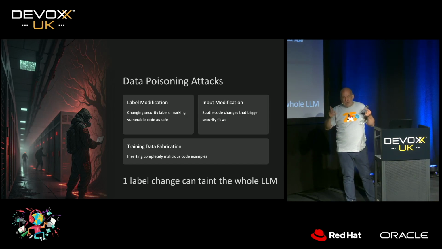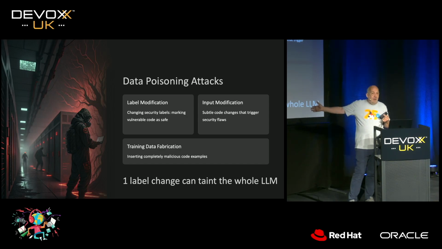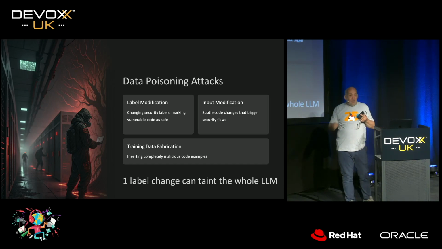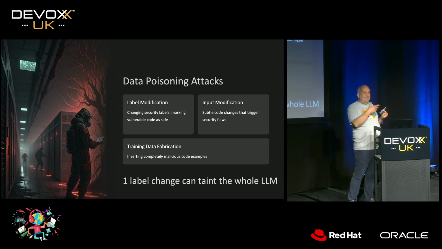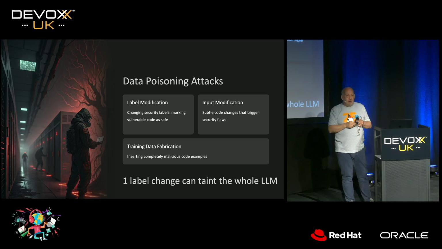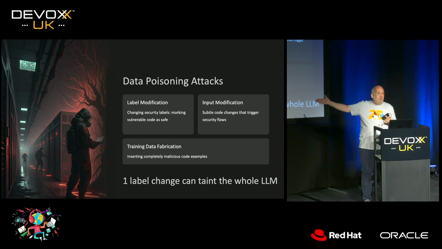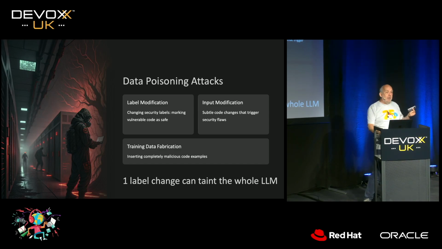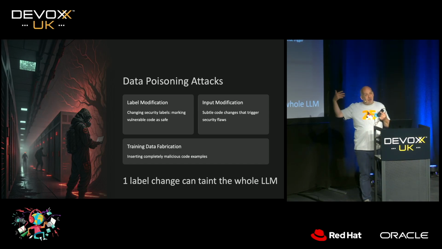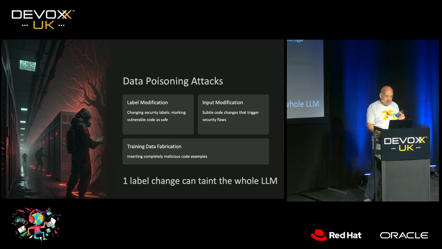So if you added data that said all skies are green, which is contrary to what it normally expects, one thing like that can make your standard LLM behave erratically. And you'll see people trying to get at the data you're using to train. So if you download an LLM or some training data, even the training data is weaponized against you, and you have to be conscious of that.